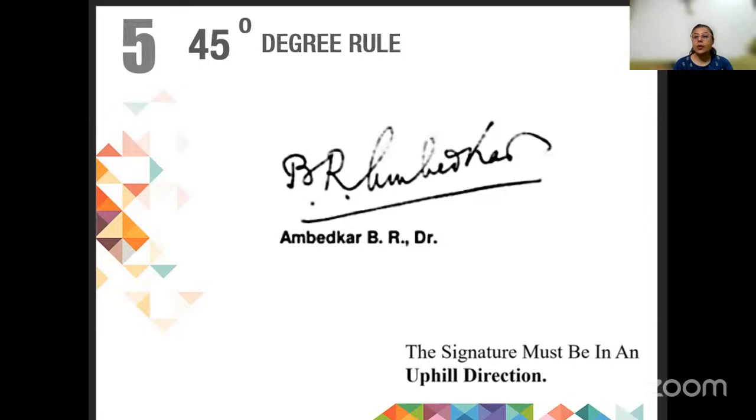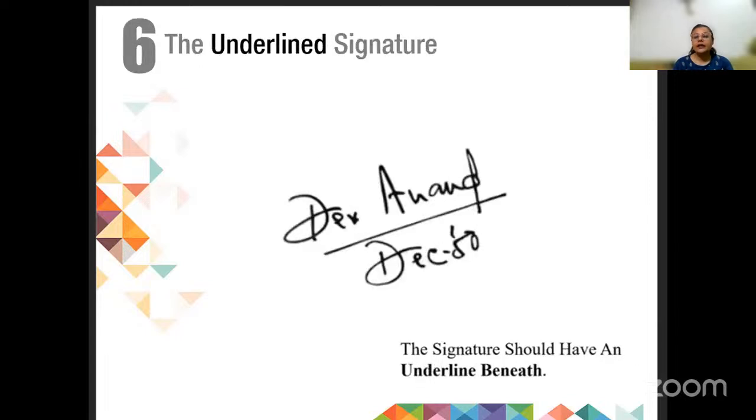They will always be open to new ideas, new research. The underlined signature, Devanand, can you see? It gives a platform to your signature where you give more and more opportunities, ideas, and self-confidence to yourself. So if you are writing your signature just for more self-confidence, you can underline your signature.